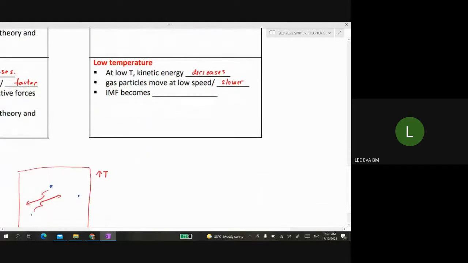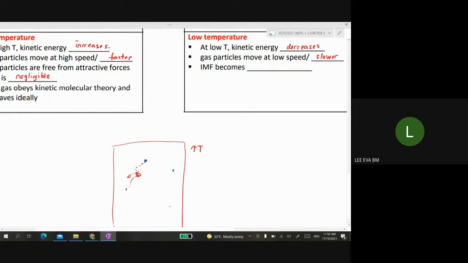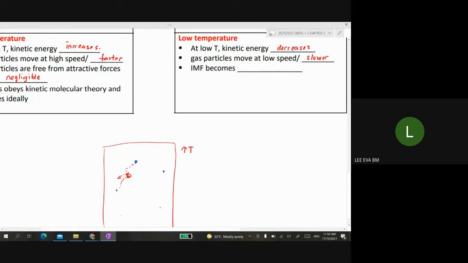So when it moves slower, using the diagram just now, the earlier one was fast, and this one is slow. It wants to move over here, but suddenly it stops here. There is attraction. So when it is slow, it means there will be some attraction forces between the particles, or in other words, our keywords over here, intermolecular forces become significant.